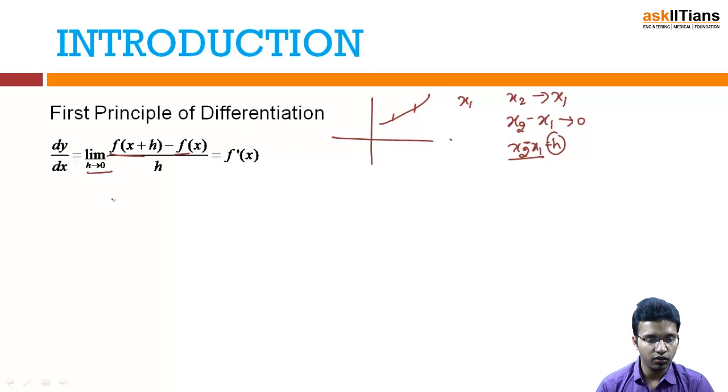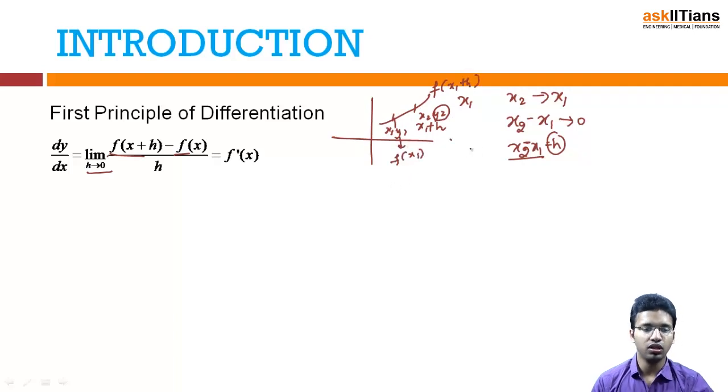Okay. So what is written here is x1, y1, x2, y2. They have written that this point is x1 plus h and this y2 is f of x1 plus h and this is f of x1.